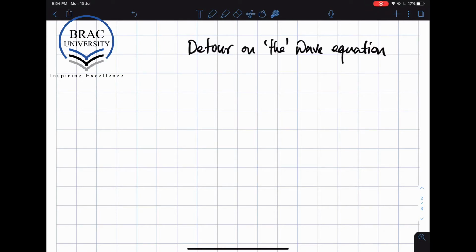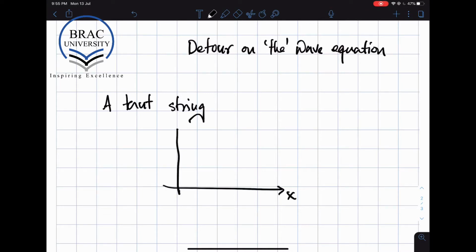So let's consider a one-dimensional problem, a taut string. Let's consider small oscillations of a taut string. So we have a string which is extended in the x direction, and it's oscillating in the y direction. Let me just magnify everything.